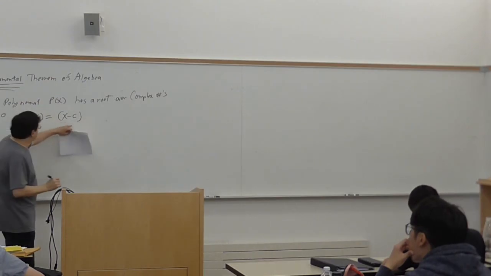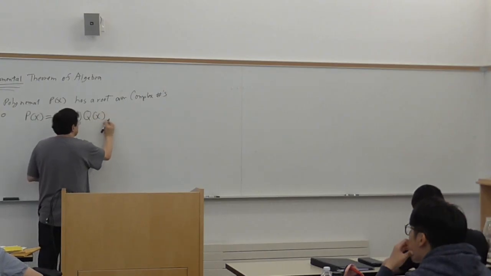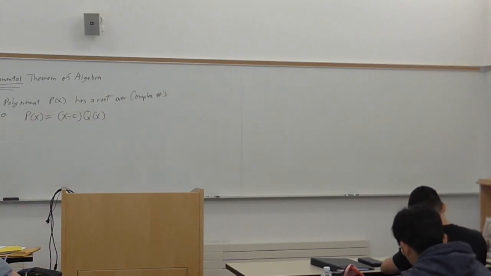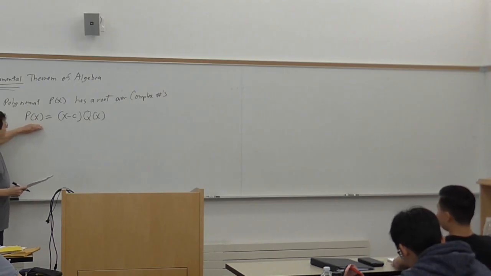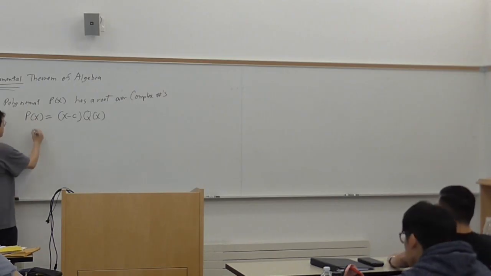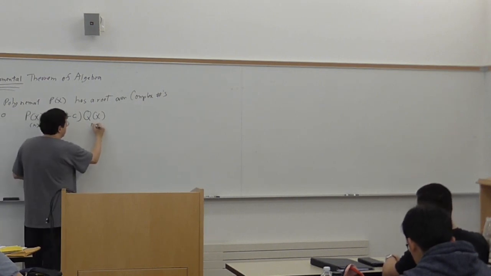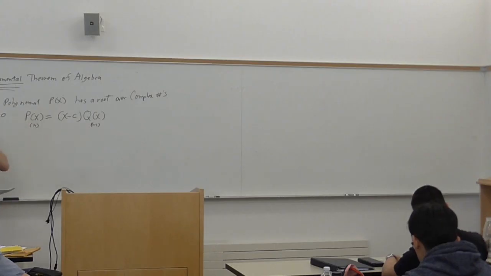So p of x is x minus c1 times some other polynomial, Q of x. I think it should be clear that if p of x has degree n, then Q of x has to have degree n minus 1, because I've divided out one of the x's.